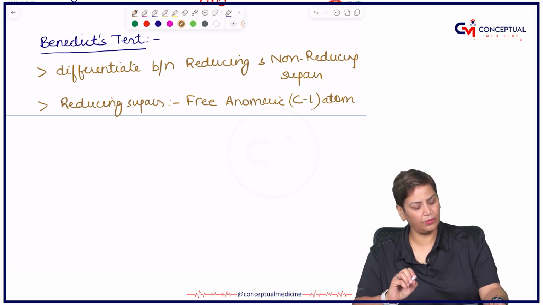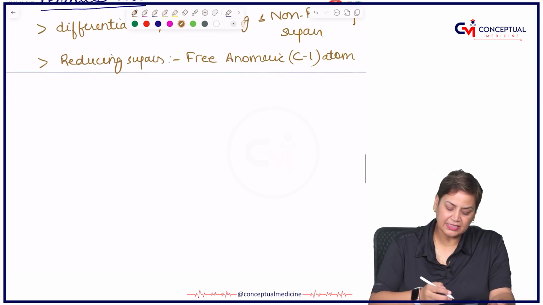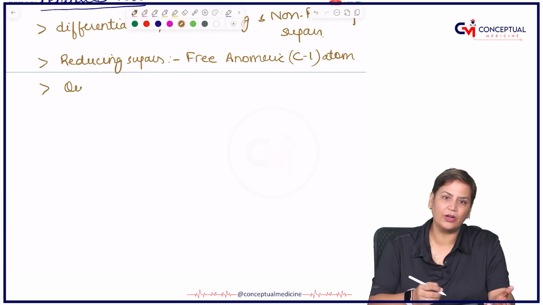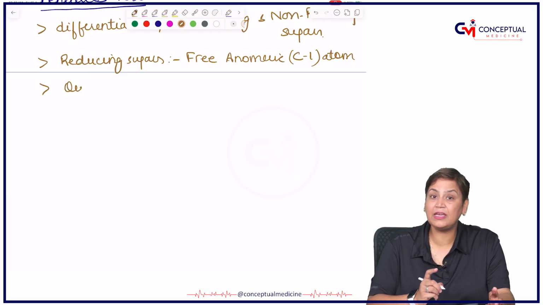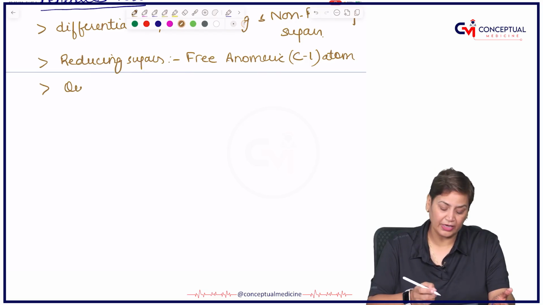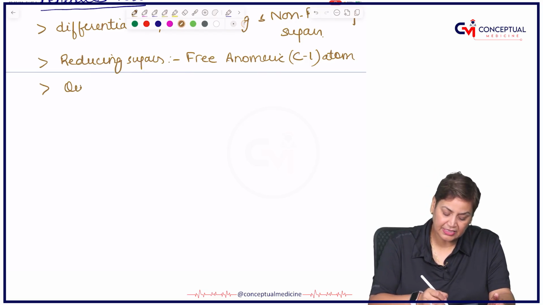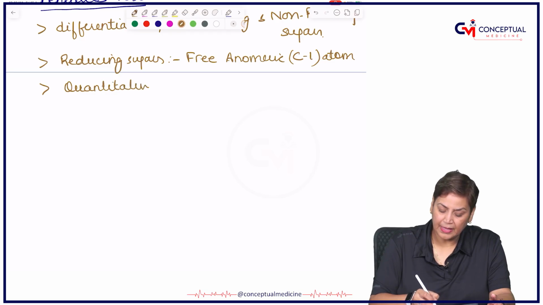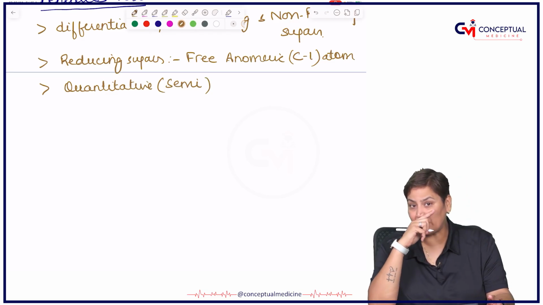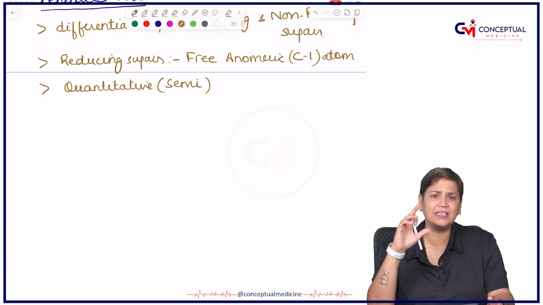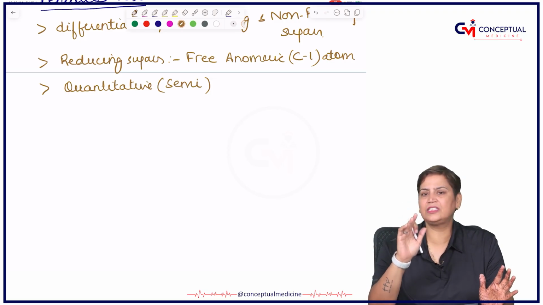Very, very important. Okay. So what happens is this Benedict's test is also known as a qualitative test, or it is also known as a semi-quantitative test too. It is qualitative, but it is quantitative also, and that too semi-quantitative. What do you mean by semi-quantitative? That just by seeing the color of the solution, we can say how much sugar is present.